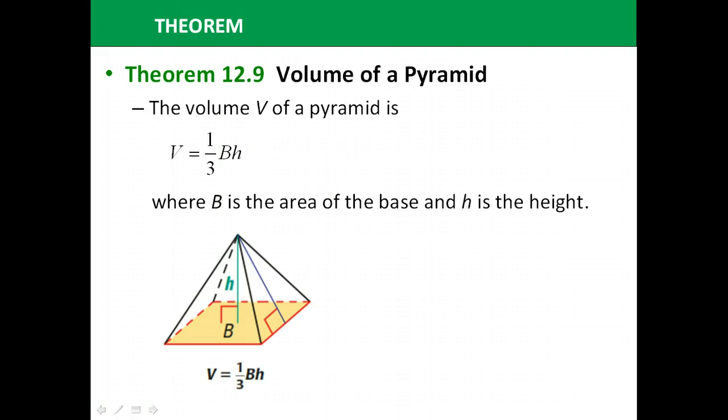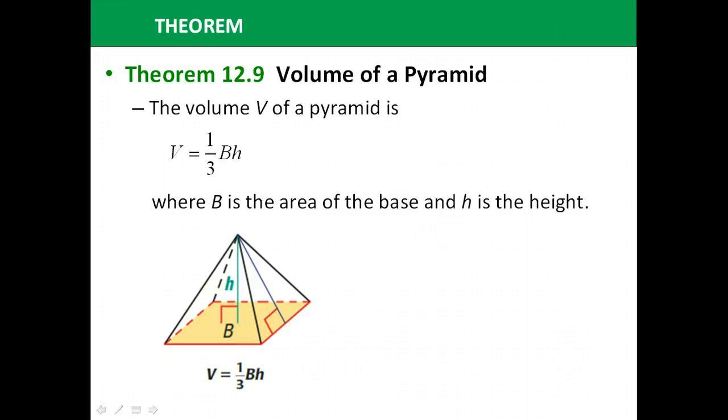Now I want you to remember, when we were finding the volume of a prism that had a square base, we would just find the area of the base times the height. So when we come to a point at the top forming a pyramid, instead of going straight up with our sides, what we end up with is actually 1/3 of a prism that would have the same size base.